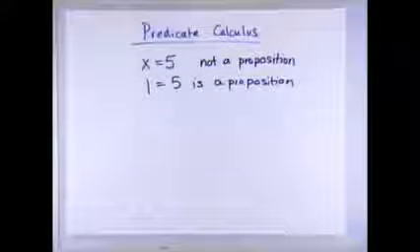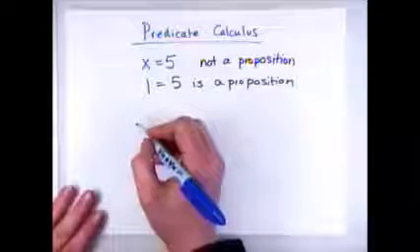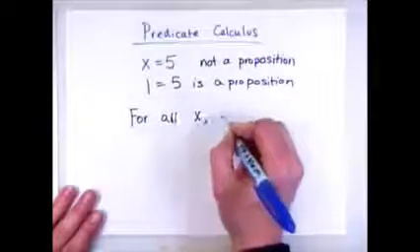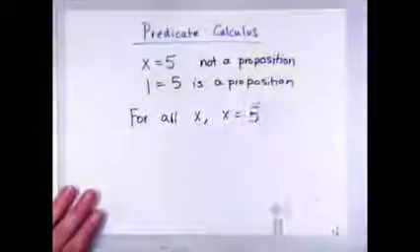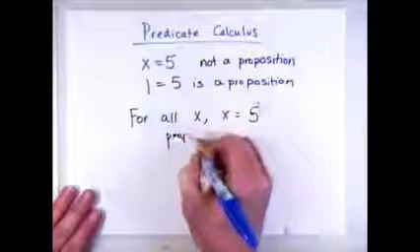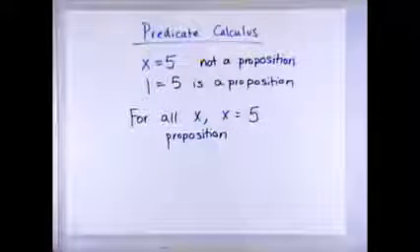There's another way we can make x equals 5 into a proposition, and that is to say something like, for all x, x equals 5. So this is a proposition, and what's its truth value?